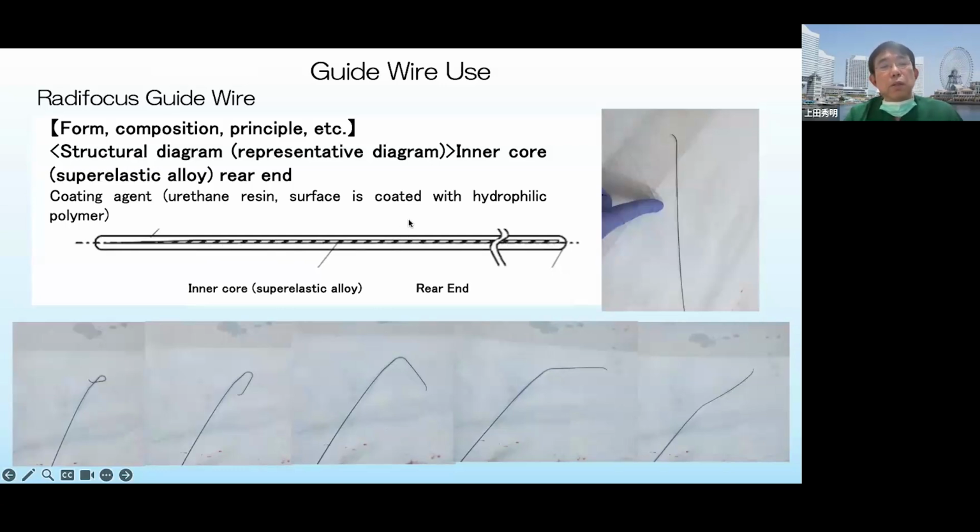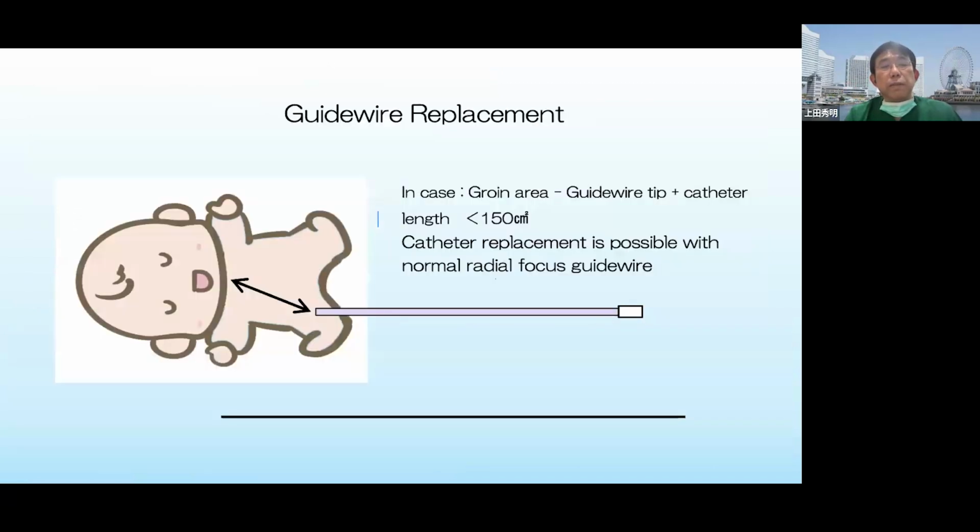So please do not use it in those very important vessels. There are many kinds of much softer guide wires. So you have to be very careful whenever you use the Radifocus guide wire. The appearance looks so soft, but inside the wire, it has a very stiff inner core. So we should be very careful whenever we use it.